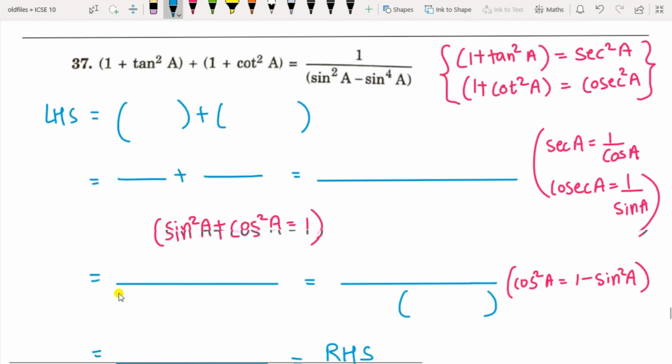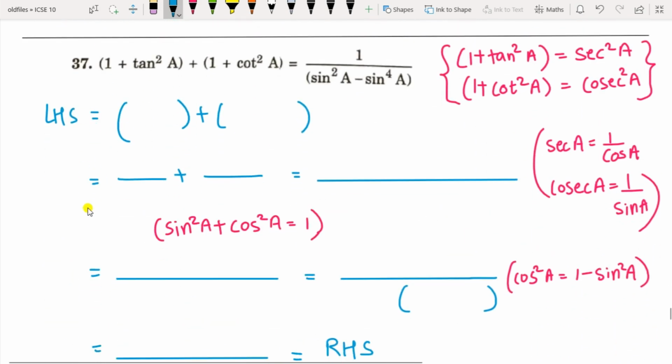Okay. Question 37 here. 1 plus tan square A is sec square A. 1 plus cot square A is cosec square A. We have to prove that it is equal to this one now. Now sec means 1 upon cos and cosec means 1 upon sin.